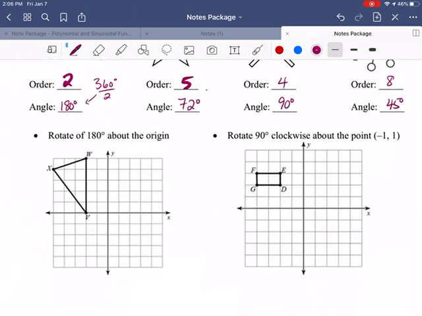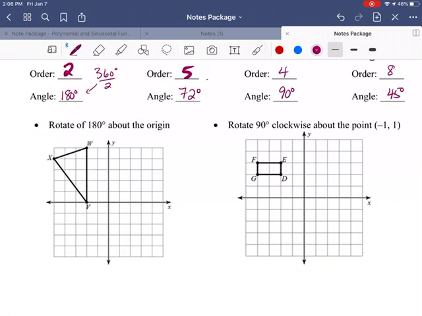Okay. Now these last two, we got to rotate around the origin. So if you recall, the origin is that point there. So there's actually a better video about how to do this in the previous lessons, but I'll show you what this looks like. So what you do is you trace the image using tracing paper, and you also trace the origin point.